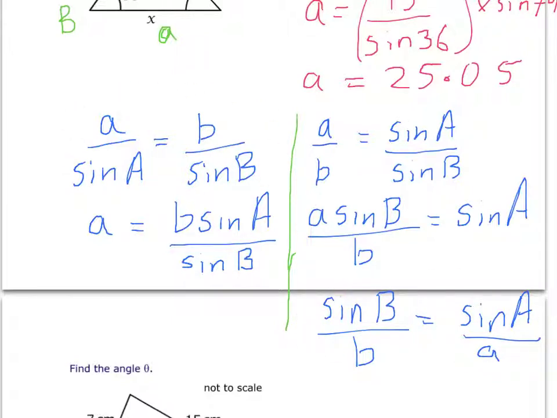So the a and the sine A are flipped round, and the b and the sine B are flipped round. If you're looking for a missing side, you have the little letters on the top for representing the lengths. If you're looking for an angle, then you want the sines on top.